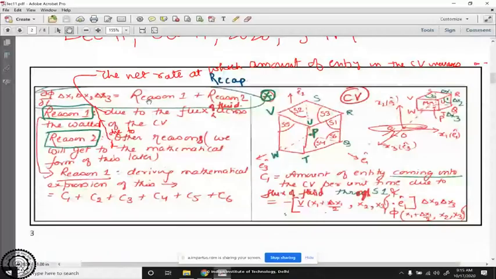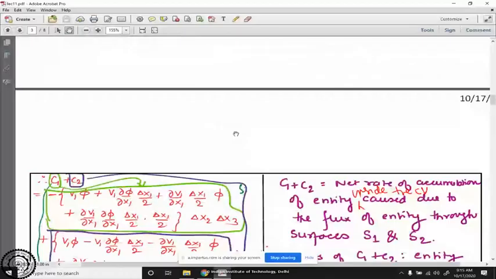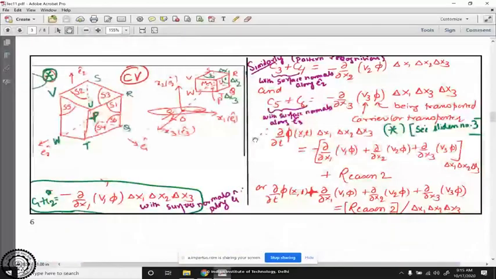So I am going to replace reason 1 here by the sum of C1 to C6, and this is what you get. Left hand side you have partial of phi with t, and right hand side this whole bunch of terms represents the C1 to C6 summation, plus reason 2, for which I have not found a mathematical expression yet. So I am leaving that word here as it is.